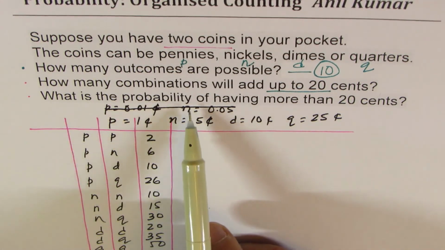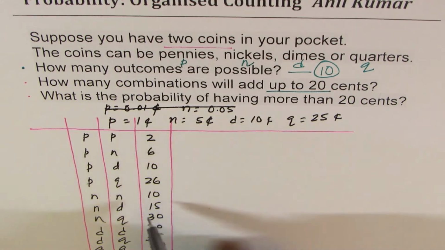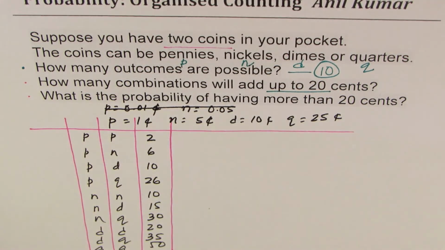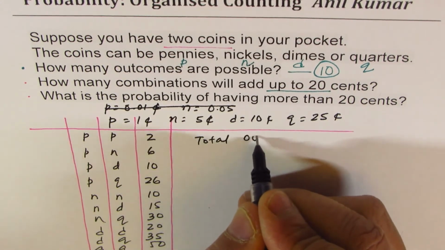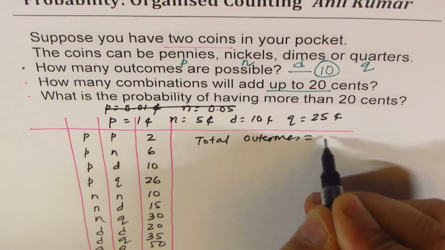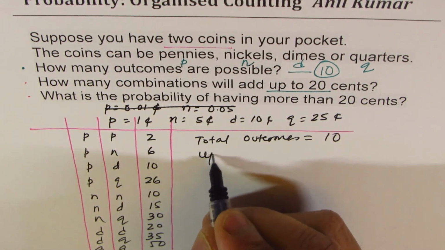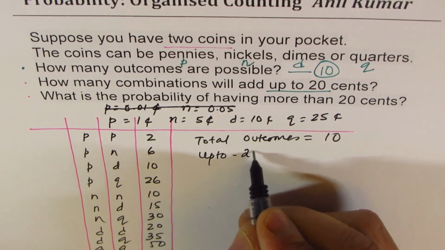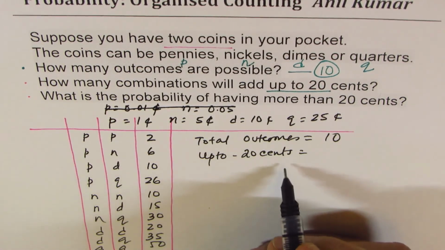And then we need the probability of having more than 20 cents. So which are more than 20 cents? Let me rewrite here. So total combination outcomes equals 10. We just counted, right? Now up to 20 cents means less than or equal to.